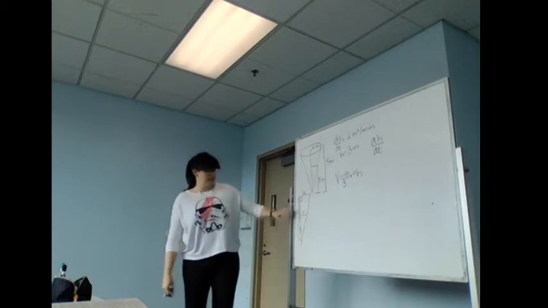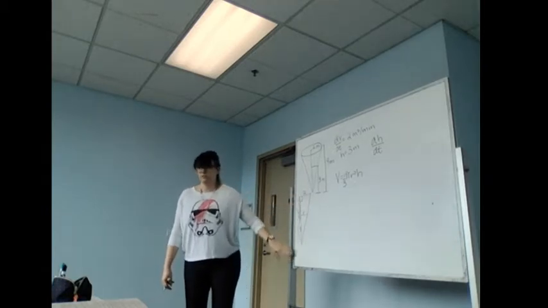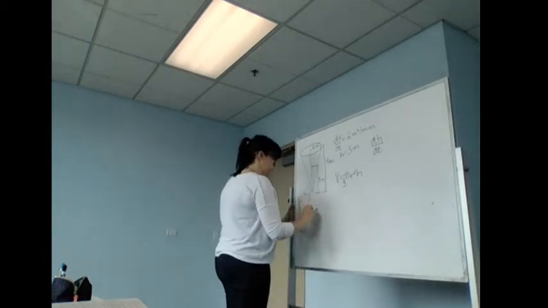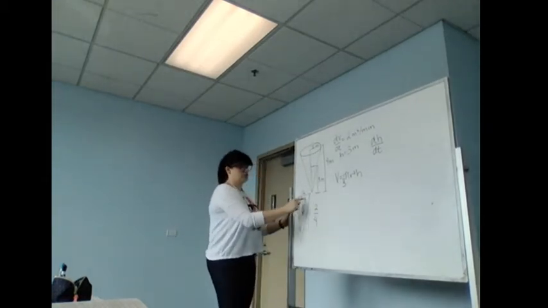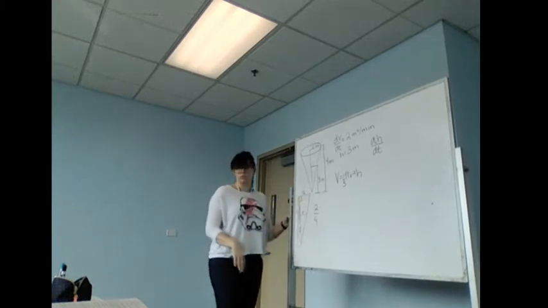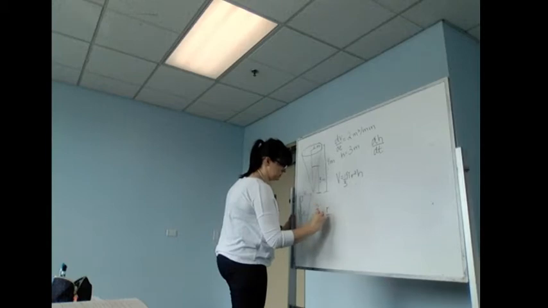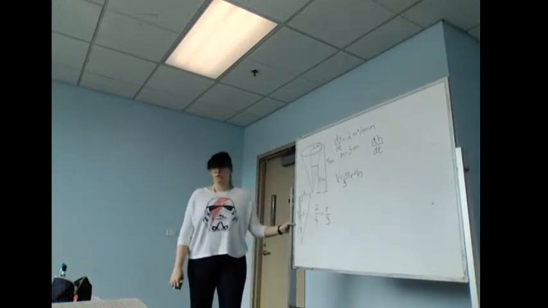So these are similar triangles. So 2 over 4, so the base to the height of the first one, or the radius to the height, is the same thing as the radius to the height of the other one.